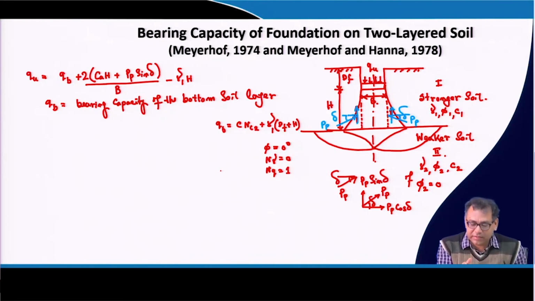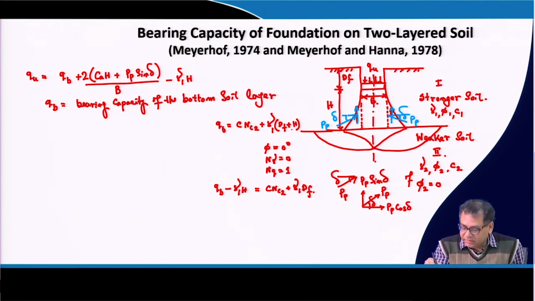If you take QB minus gamma 1 H, that will be basically C N_C2 plus gamma 1 D_f. So, we are neglecting this H contribution when you calculate the QB.